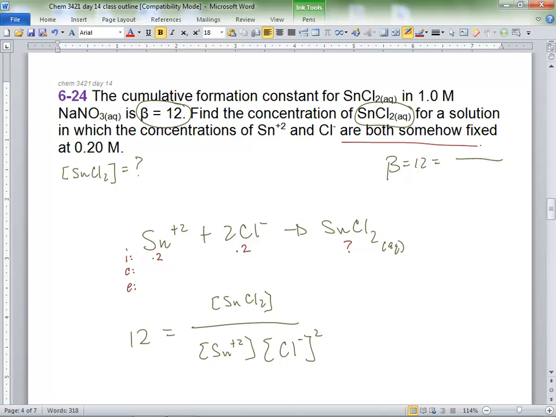When they say it's somehow fixed, that means initially fine. That's the equilibrium answer, really, right? It's fixed there. It stays there. So these are 0.2 down here, too, because it's fixed. Technically minus X or something, but no, it's fixed. Somehow they got them fixed.